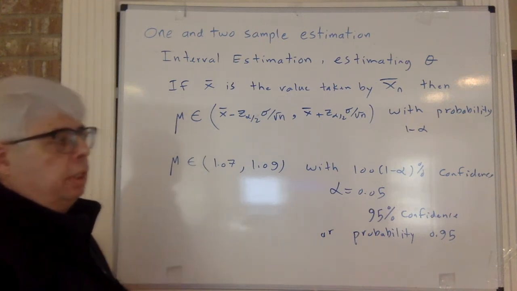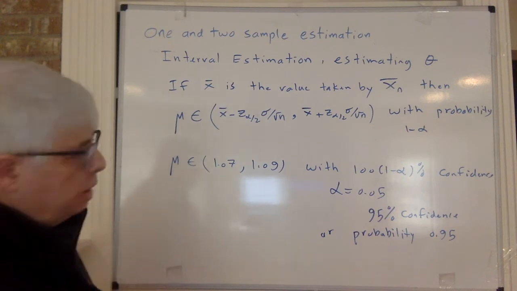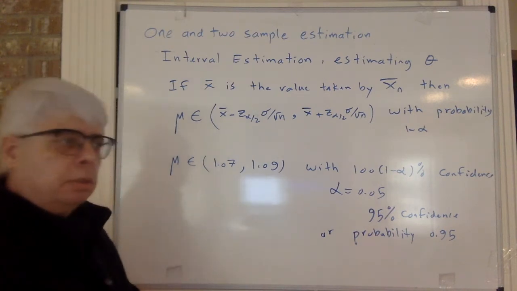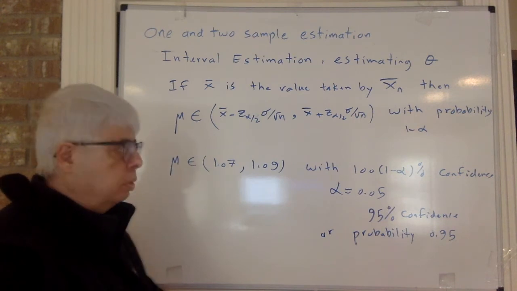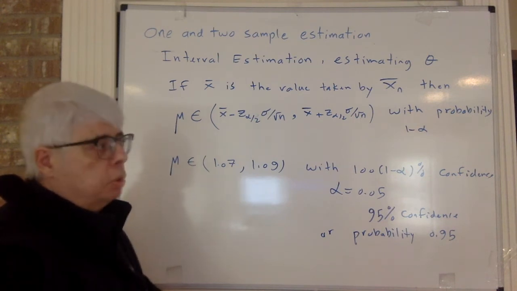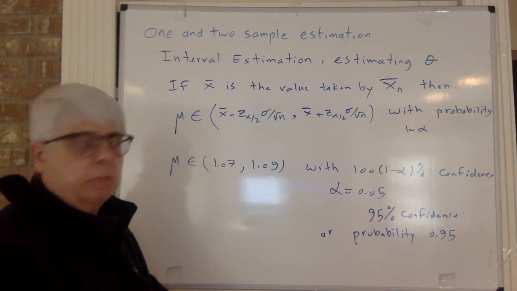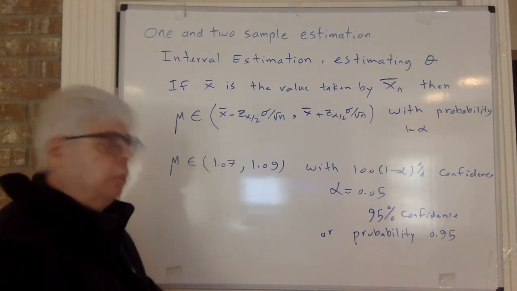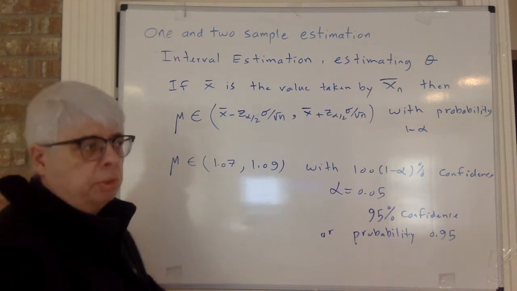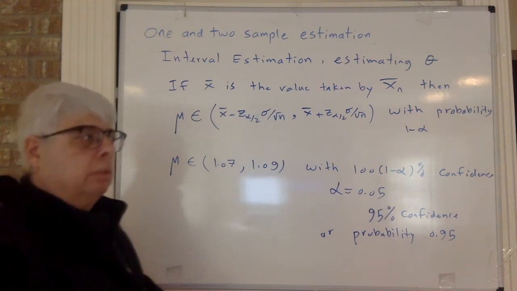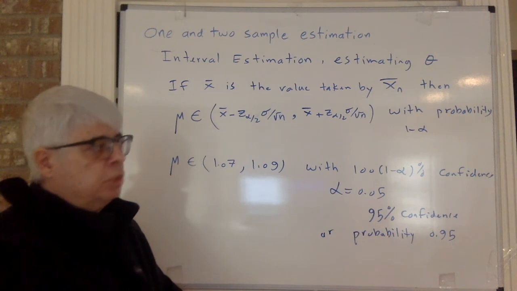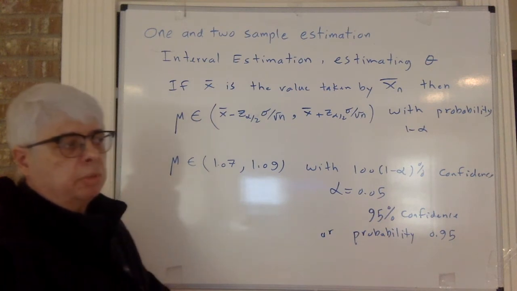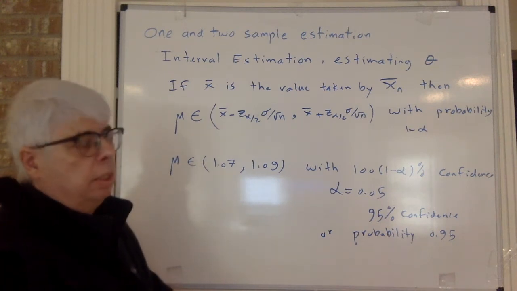It means that if it falls in this, you are successful. So what is the probability of being successful? It's 0.95. So it reminds me of a Bernoulli process. Each one of them is like a Bernoulli process with a success probability of 0.95, 1 minus alpha. So that 1 minus alpha is in fact the probability of success.